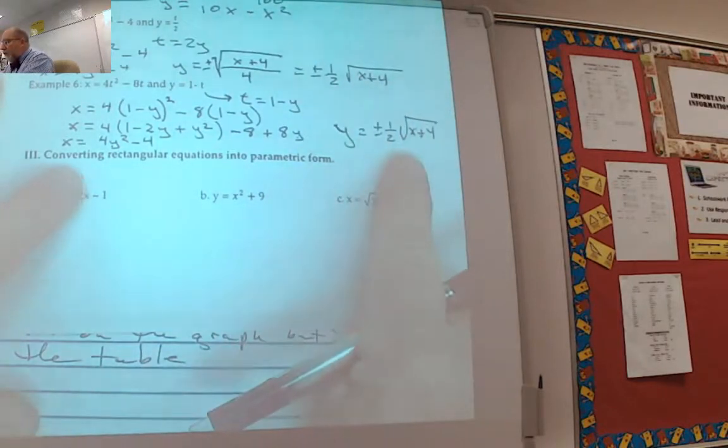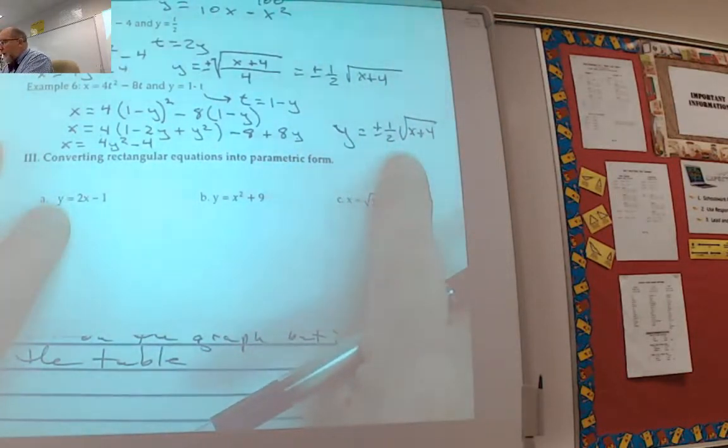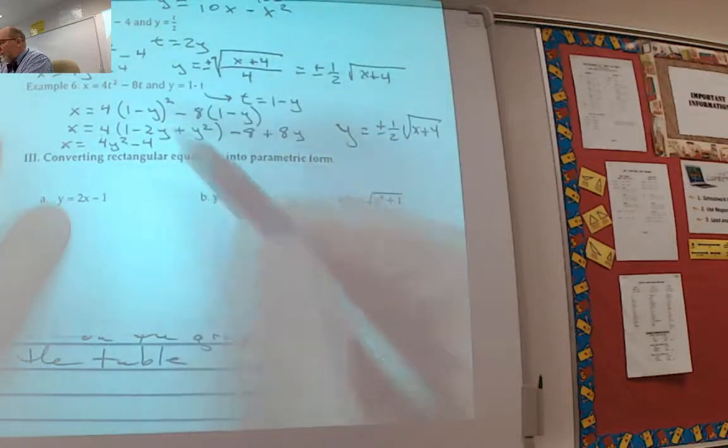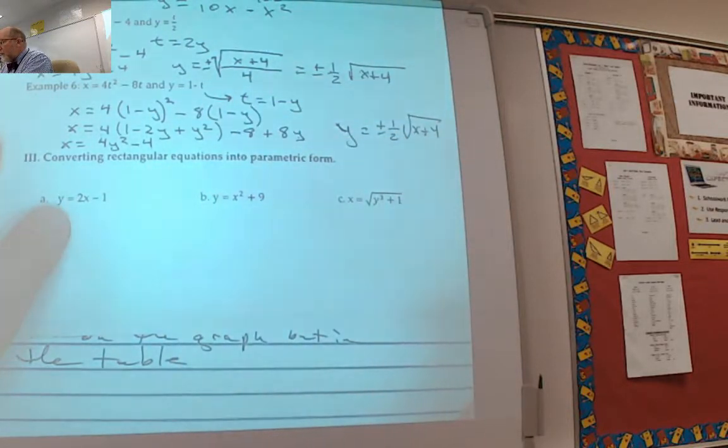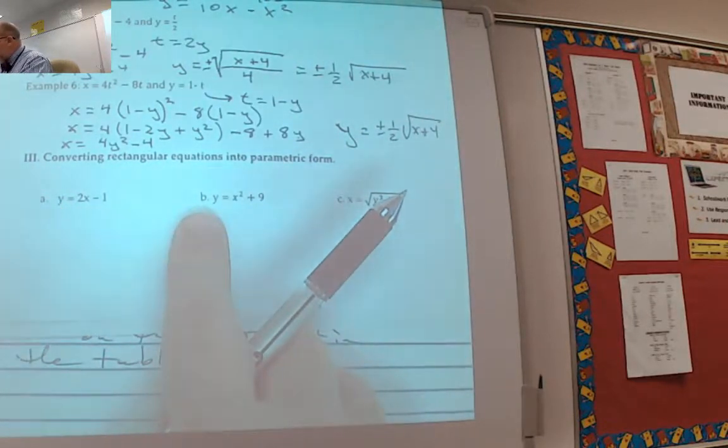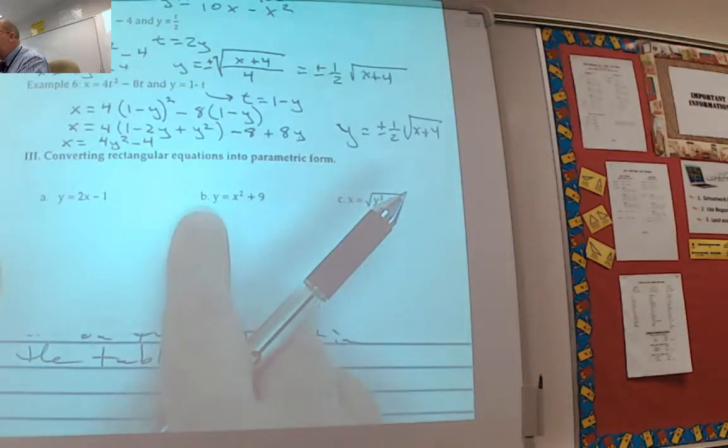Now the reason I chose these is because you have two different sets of parametric equations that represent the same rectangular equation. Does everybody see that? So if you notice the next directions, it says converting rectangular equations into parametric form. You can have more than one answer.